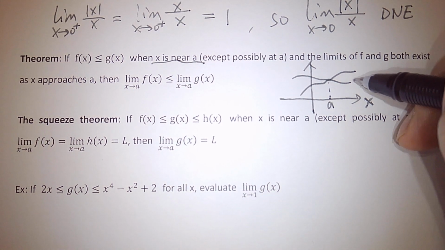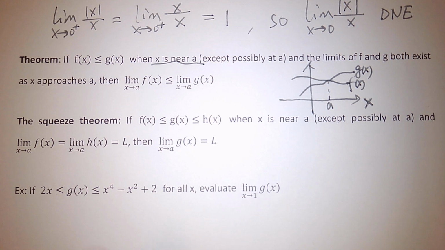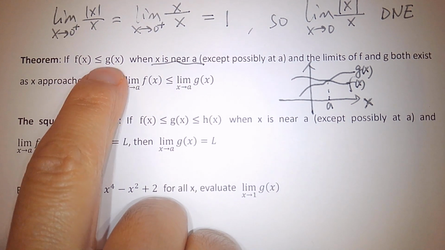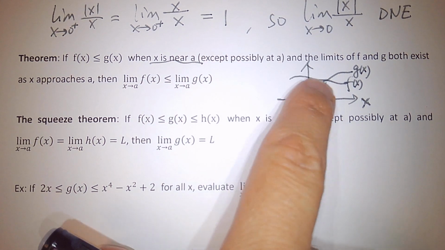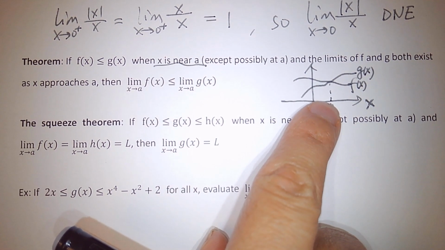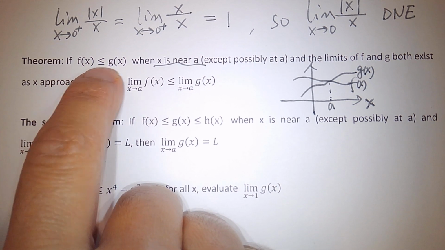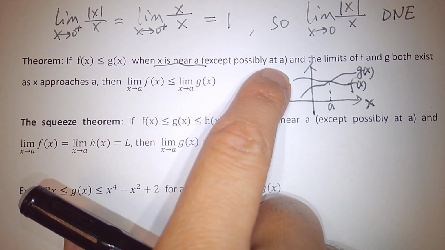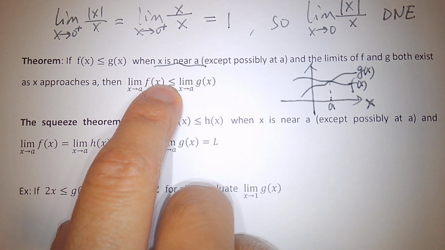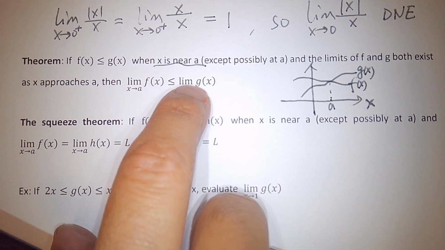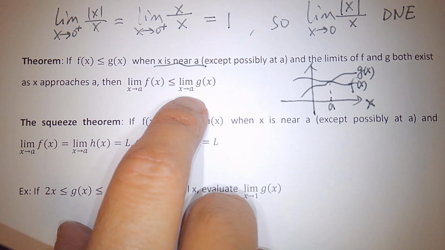This lower one is f of x, the upper one is g of x. Greater means on the top, less means on the bottom. If these two functions satisfy f is less than or equal to g, then we say the limit of f of x is less than or equal to the limit of function g of x when x approaches a.